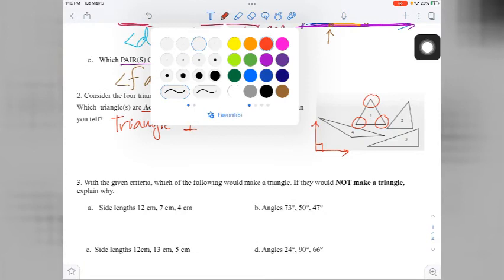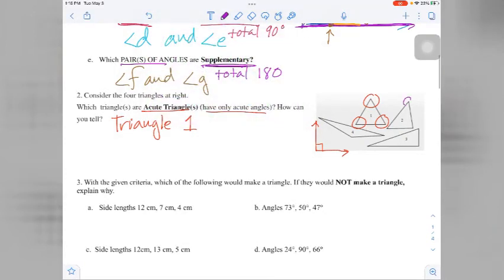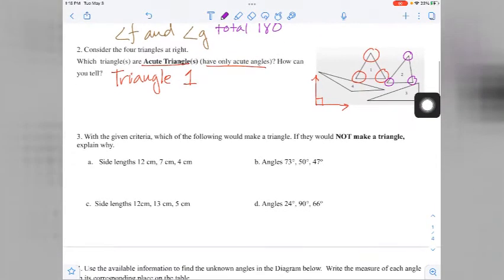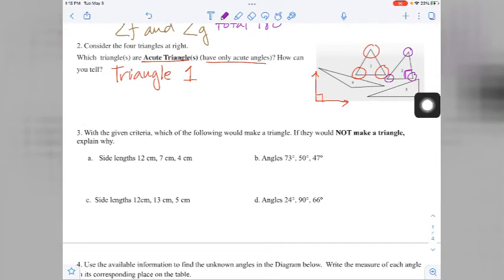Triangle 2, some students said this one was, triangle 2 is also an acute triangle. All of those angles are acute, but some students looked at this angle down here and said that's a right angle, and so it can't be acute, it has to be a right angle.